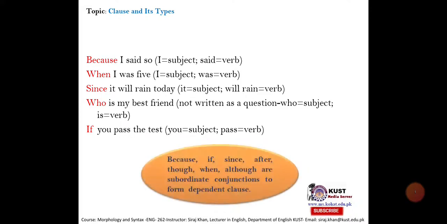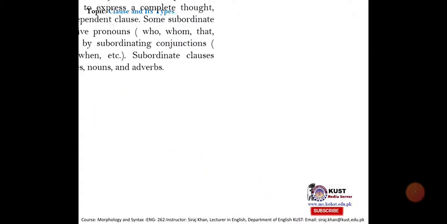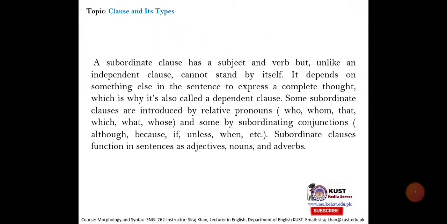Here we have subordinate conjunctions: because, when, since, who, if, after, and others are subordinate conjunctions that form dependent clauses. A subordinate clause has a subject and verb, but unlike an independent clause, it cannot stand by itself. It depends on something else in the sentence to express a complete thought, which is why it's also called a dependent clause.